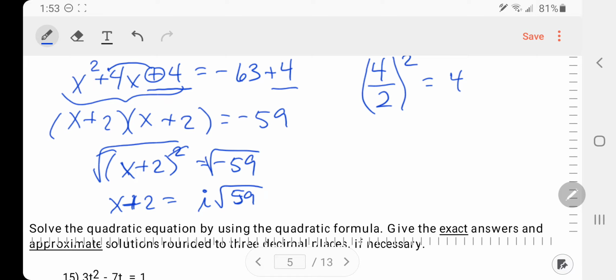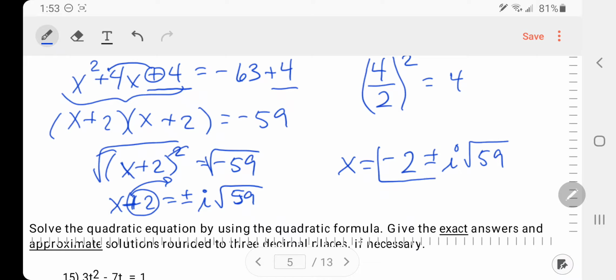And anytime you take the square root of both sides, you do get a plus and a minus answer. And so that's going to be plus and minus i square root of 59, and we're almost done. Last step, take the plus 2, move it over, makes it minus 2, plus or minus i square root 59.